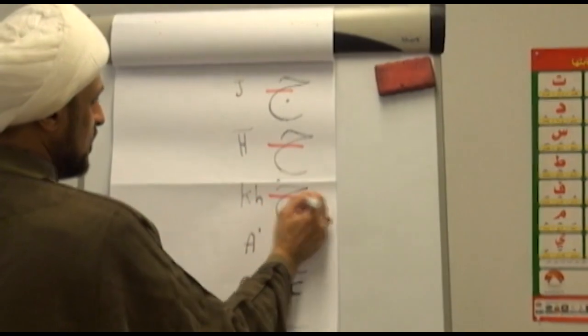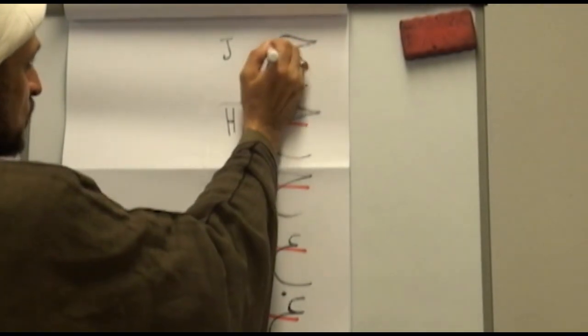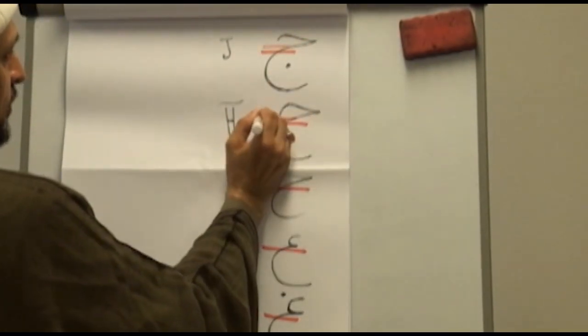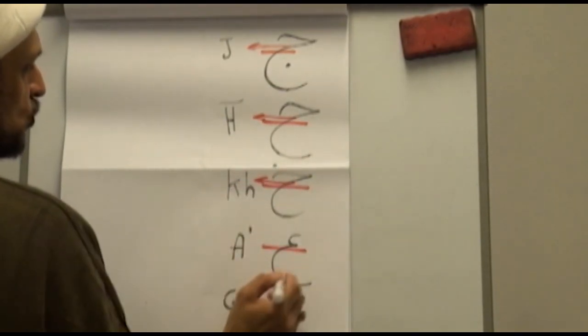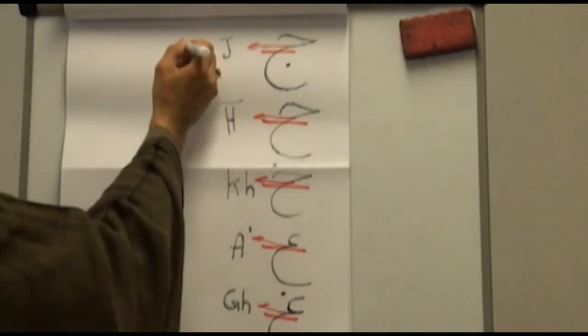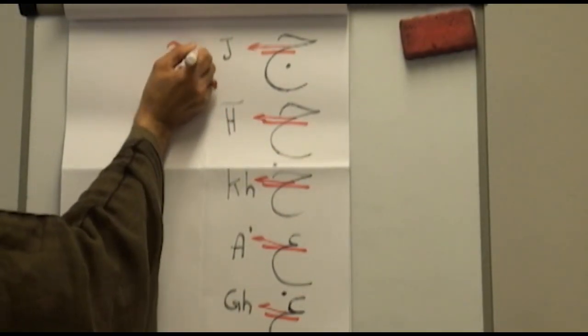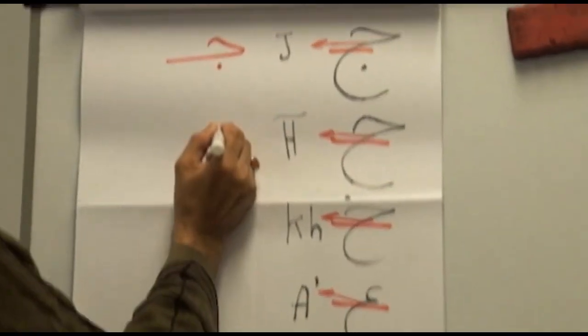Cut this dress, cut this dress, cut the tail, and then stretch it, cut and stretch, cut and stretch. So it will become like this. Jim, see, it's stretched.